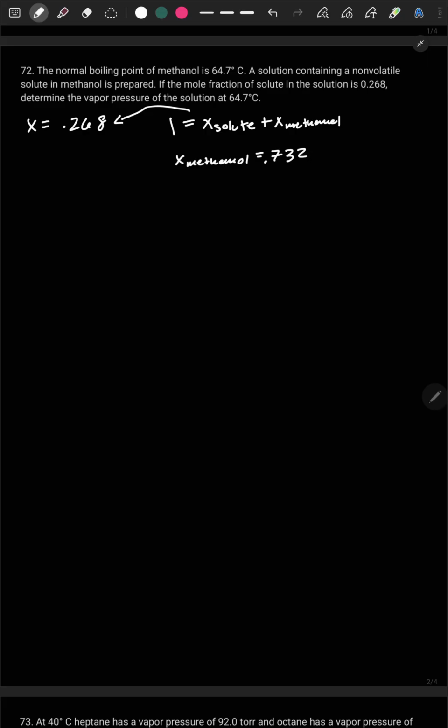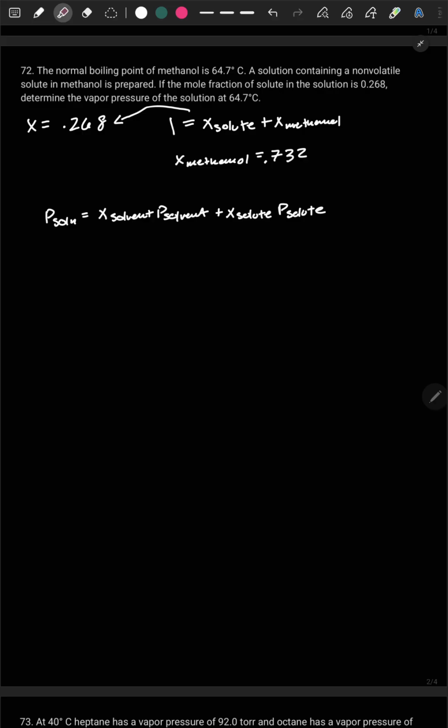So from here, we can go straight into the equation that we need to use. The P of the solution is equal to the X of the solvent times P solvent, plus X solute times the P solute. There's also one more thing that we need to understand here.